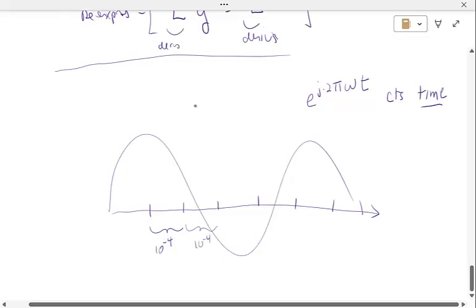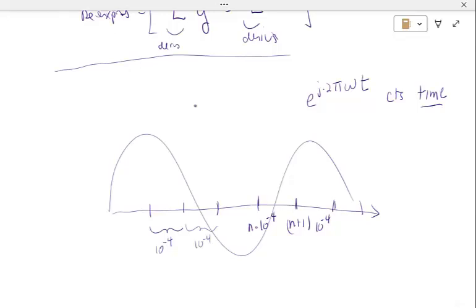Okay. But my t here is multiples of 10 to the minus 4 seconds. So this would be n times 10 to the minus 4, and then this would be n plus 1 times 10 to the minus 4. So I need to replace t with n times 10 to the minus 4 because I'm only doing it at intervals of 10 to the minus 4.